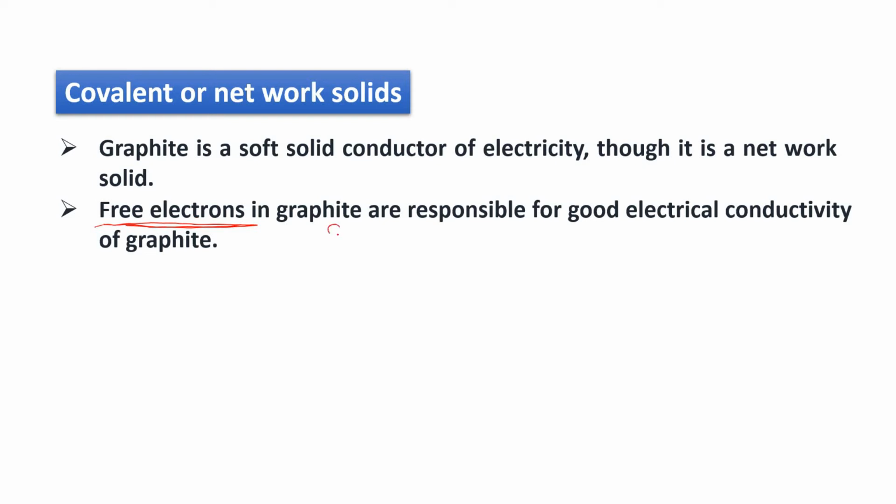Before that, let me see where this free electron comes from. Actually, carbon's electron arrangement is 2s2, 2p2. Now I am writing this 2s2 like this, and the others like this. Now this electron is jumping over here, so we are going to get all single electrons.